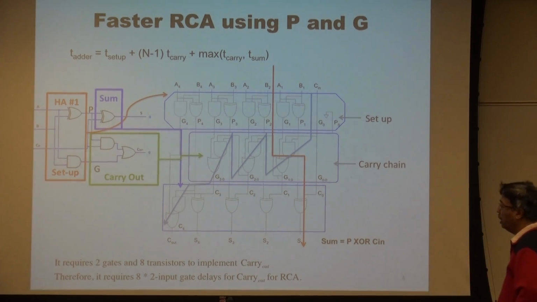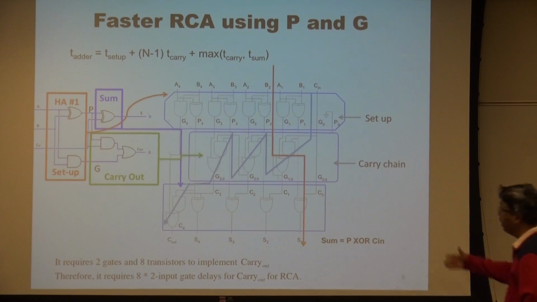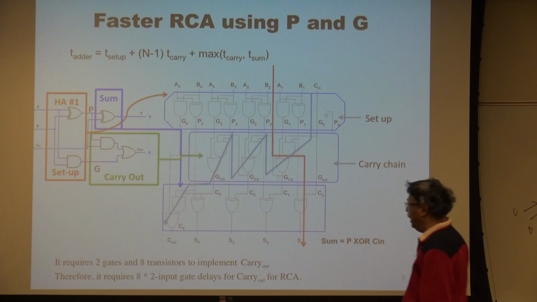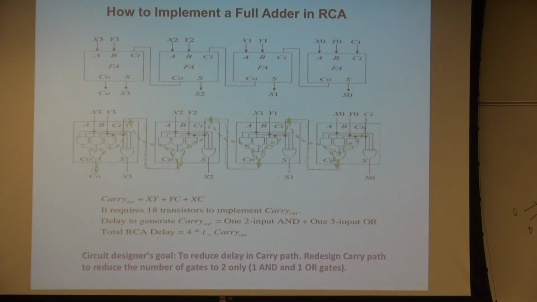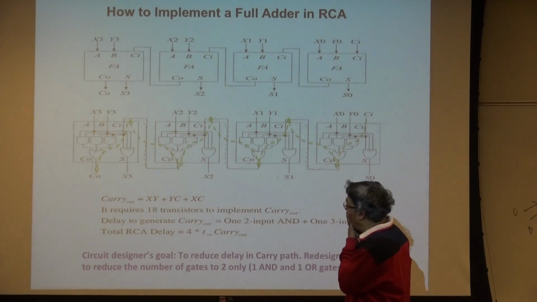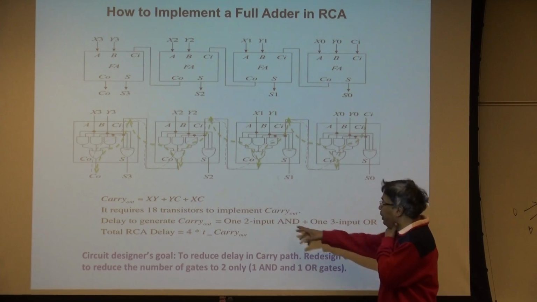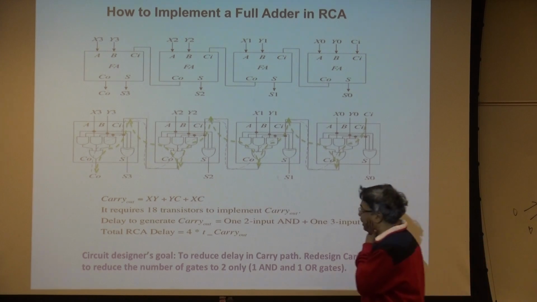So altogether for a 4-bit adder, we need 8 2-input gate delays for RCA, as opposed to the previous implementation, which had 18 transistors to implement carry out. So the delay to generate carry out is 1 2-input AND gate and 1 3-input OR gate for each stage, and 4 of them are there.